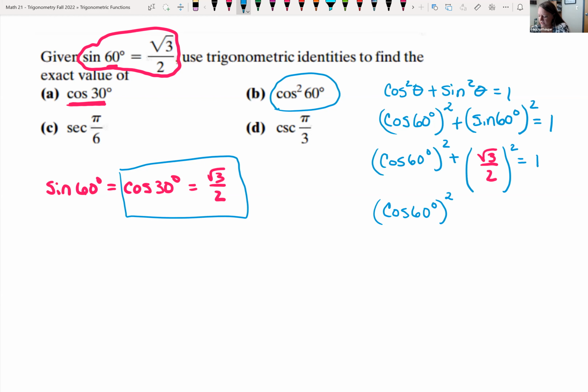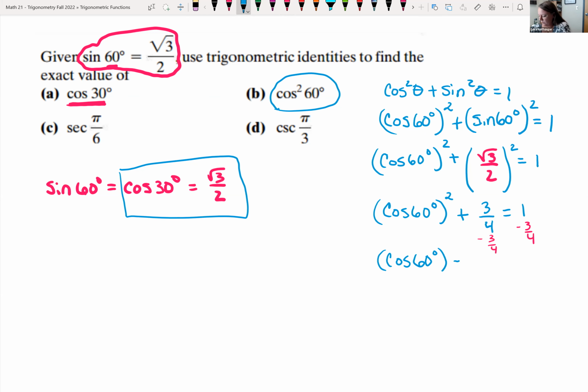Squaring √3, we get 3, all over 2 squared, we get 4, equals 1. We can isolate cosine of 60 degrees quantity squared by subtracting 3/4 on both sides. I can rewrite 1 as 4/4, so 4/4 minus 3/4 is 1/4.